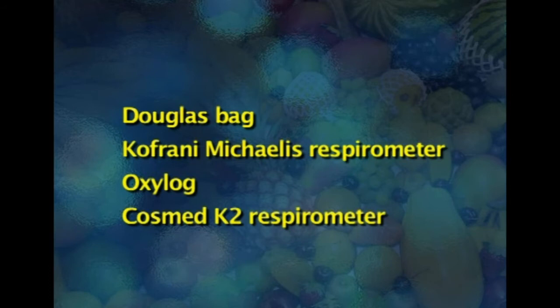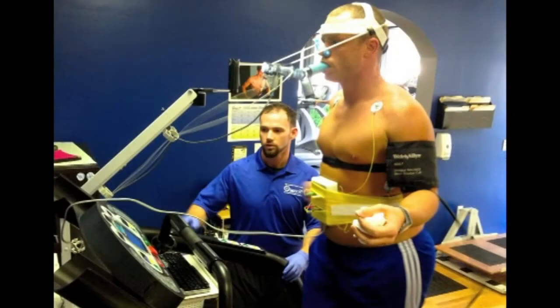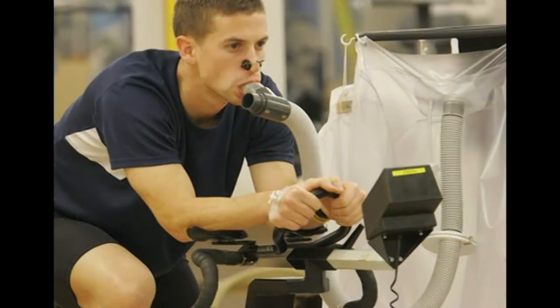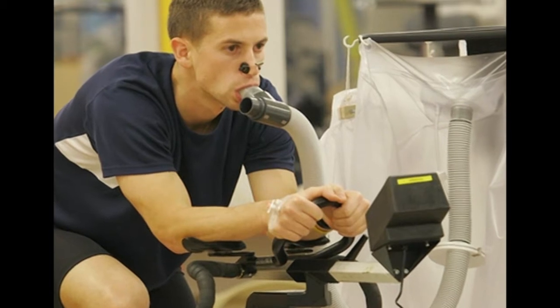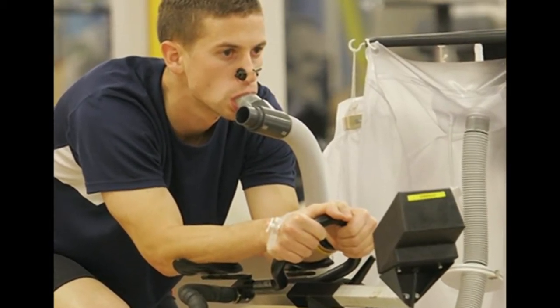These help in calculating the energy expenditure. Just to give you an example, this is how a Douglas bag looks. An individual breathes in air, breathes out air, and we calculate the oxygen consumed and the carbon dioxide released. This is an indirect way of assessing the energy expenditure. But the bomb calorimeter, or direct calorimetry, will give you the actual energy that is released.